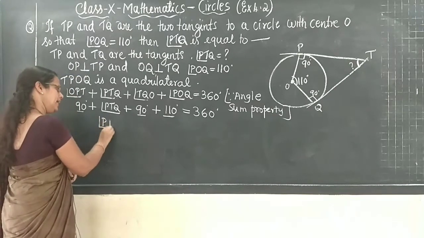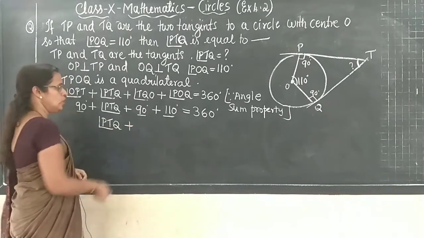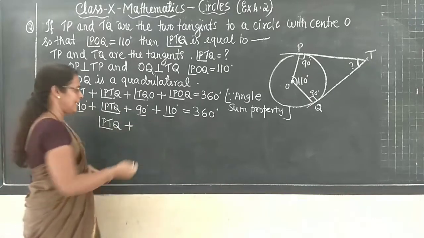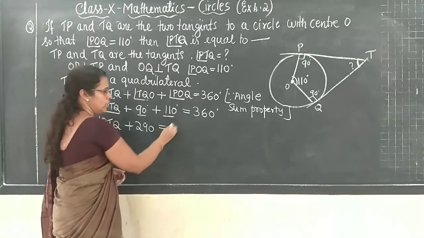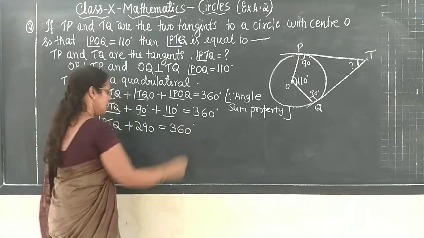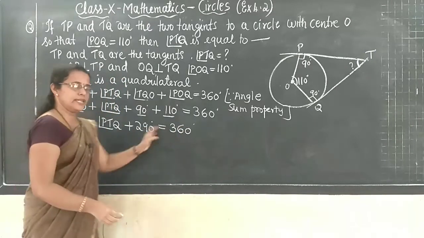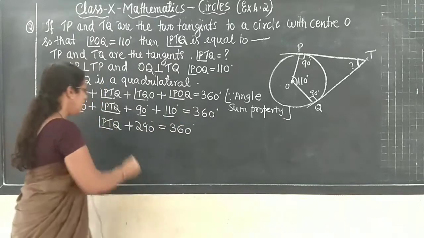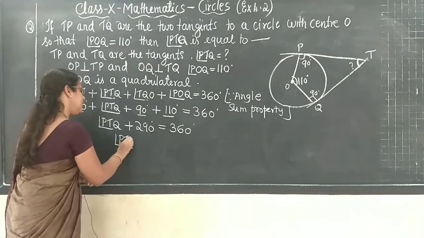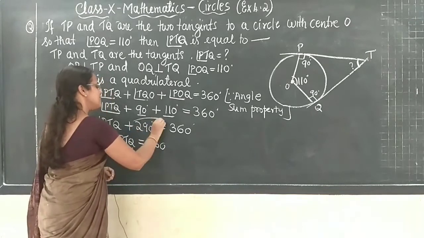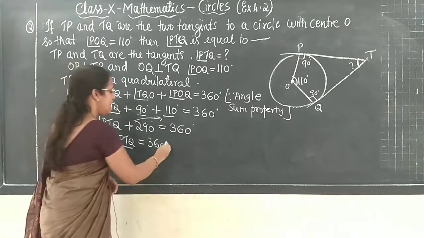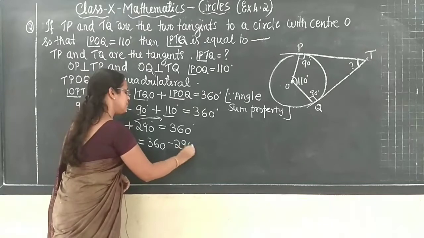So angle PTQ I don't know, but I know these three angles. Add it. 290 is equal to 360. So now this side number and that side number, please take it to the same side. So what is the angle PTQ? PTQ is equal to 360 minus 290.